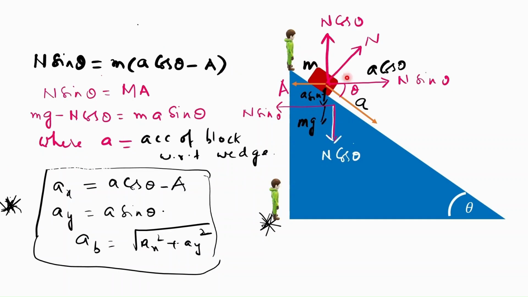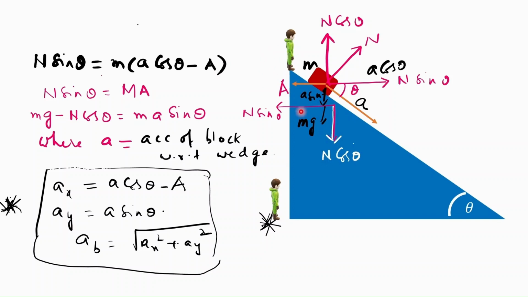Now you write the force equation acting on this block in the horizontal direction and vertical direction. In the horizontal direction, the force acting on this block is nothing but N sin theta. N sin theta is equal to mass of this block into a cos theta minus A. This is equation number 1.